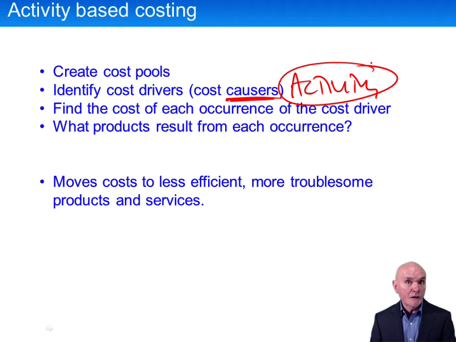That allows you to work out the cost per unit. What it does, it will move costs, it will transfer costs towards the more troublesome items, the items where you have to incur relatively high costs and you don't get very many items produced for all of that bother.